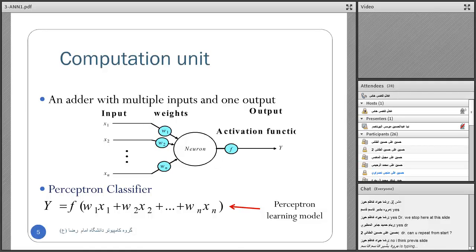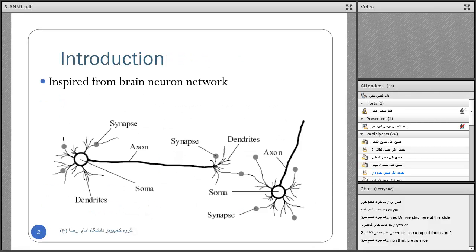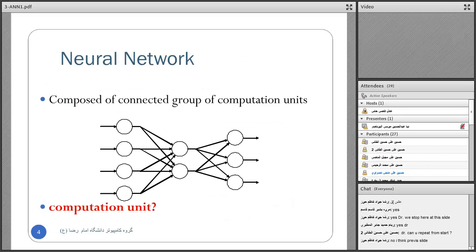Okay, there's a problem with opening the previous session. I will talk about this slide. In the previous session, we started our talk about neural networks. We said that the neural network is a model of the brain's neural network. In this model we have some elements.